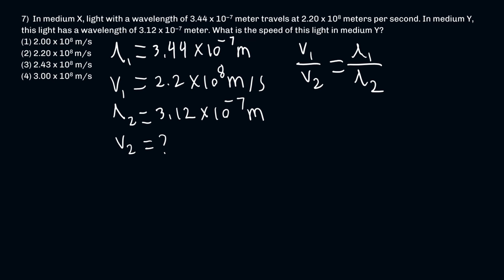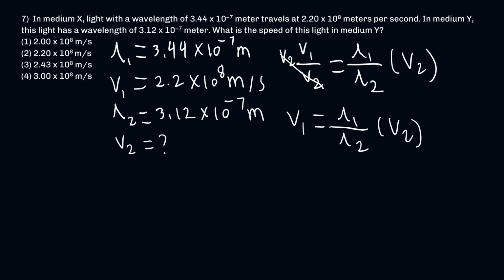So since v2 is being divided by v1, I am going to multiply it on both sides first in order to get it on top. So we have here v2 on this side. That will cancel out, and I'll have v2 on the right side. So I should have that v1 is equal to wavelength 1 over wavelength 2 times v2.